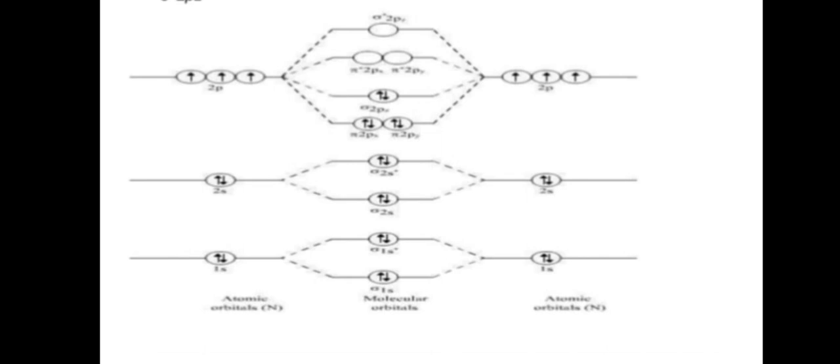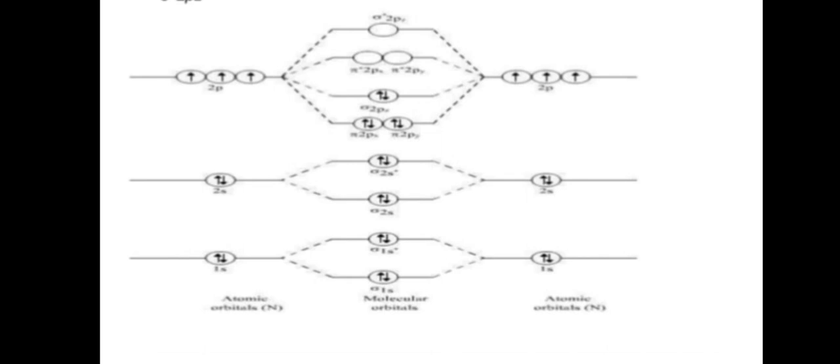And the remaining is sigma star 2s orbital, which is having a pair of electrons, and it is an anti-bonding molecular orbital. Therefore we have totally 4 bonding molecular orbitals with pair of electrons and 1 anti-bonding molecular orbital with a pair of electrons.